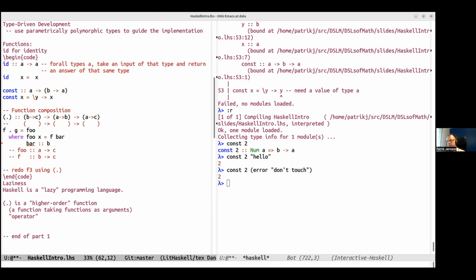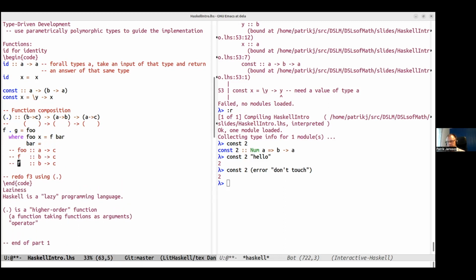Because the input to f is of type B. How can we define something of type B? Then we have to use the other function, the function g. So let's add that comment as well. The function g takes an A and returns a B. So this bar is g applied to something of type A.